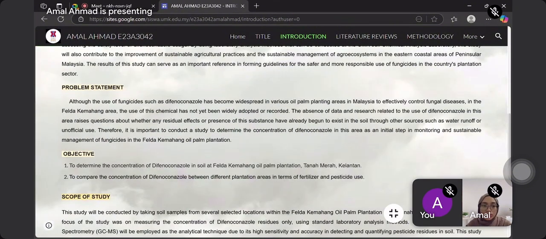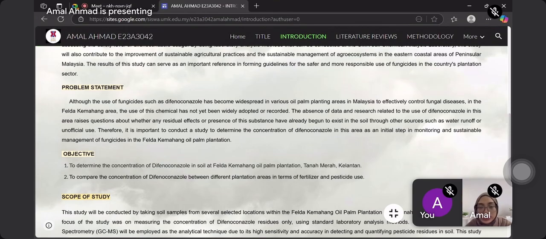So we go to problem statement. Although the use of fungicides such as difenoconazole has become widespread in various oil palm plantation areas in Malaysia to effectively control fungal disease, in the Felda Kemahang area the use of this chemical has not yet been widely adopted or recorded.